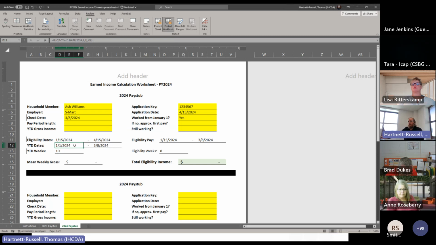So having fixed that, now we see that the year-to-date dates are populating correctly. It is telling you that there are 10 weeks represented in this check, which we did say in our example, that March 8th is the 10th week of the year.